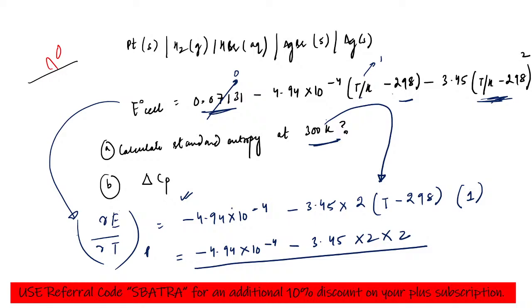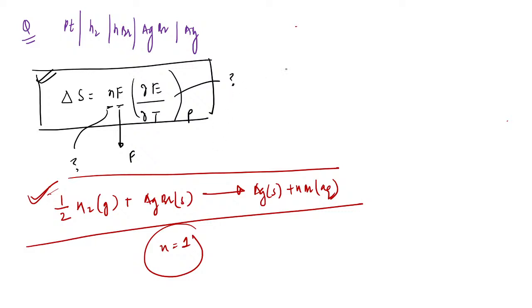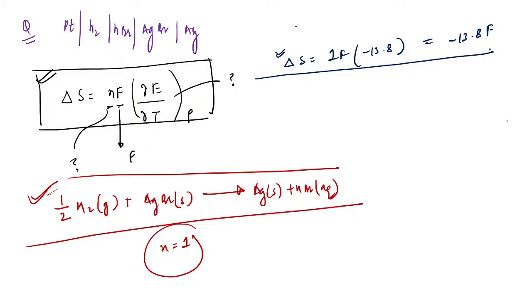Okay, so you are getting minus 13.8. So now you have to put minus 13.8. So delta S is 1 into F into minus 13.8. So your change is minus 13.8 Faradays. Now you can just multiply this by 96500 and you will get the entropy change. So this is how you can calculate your entropy.